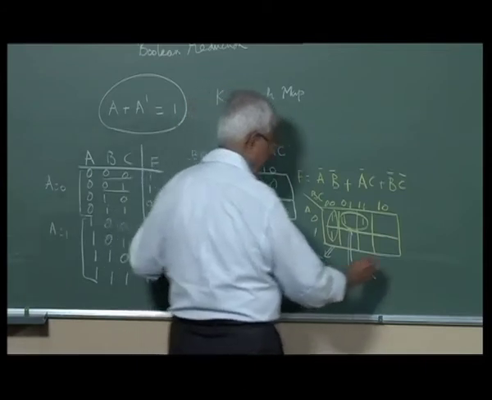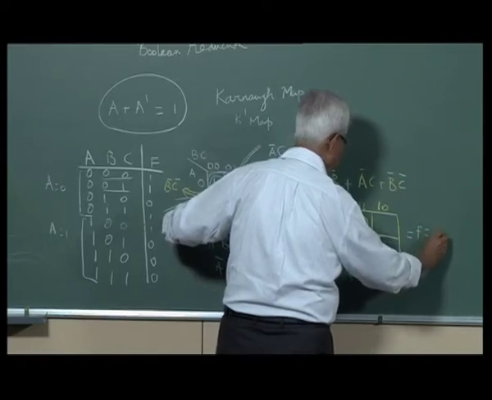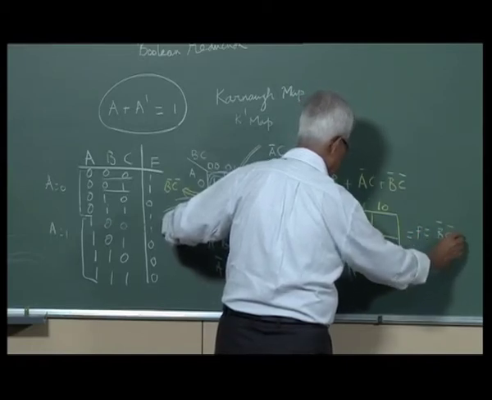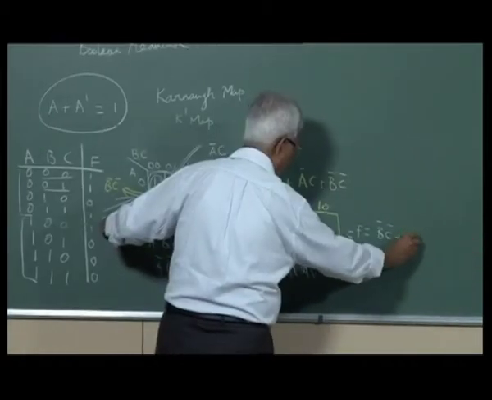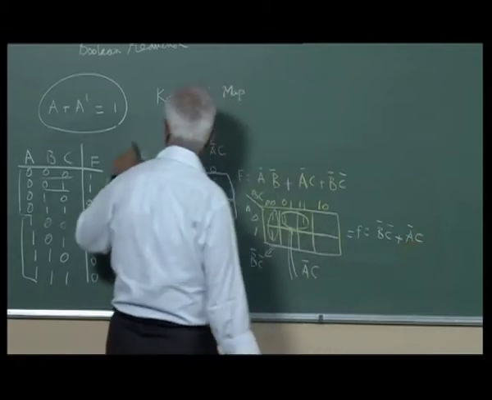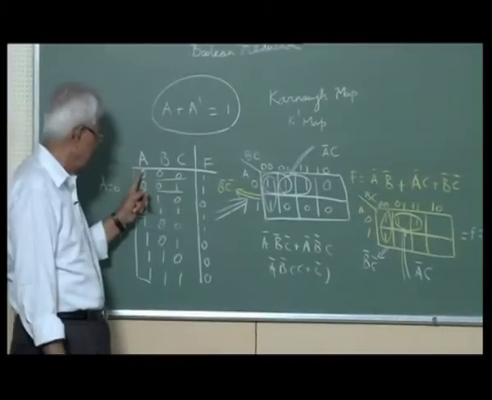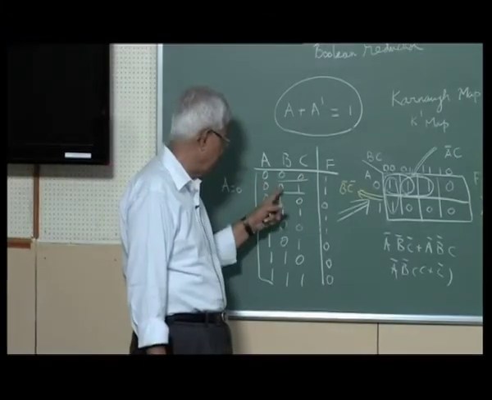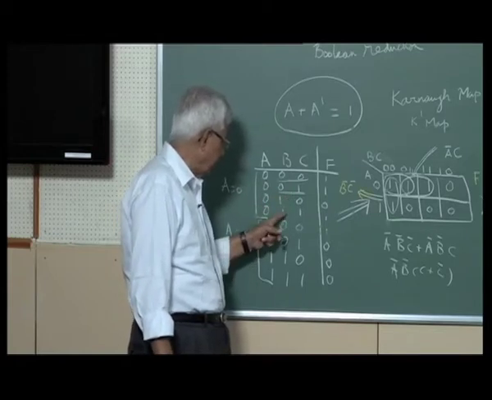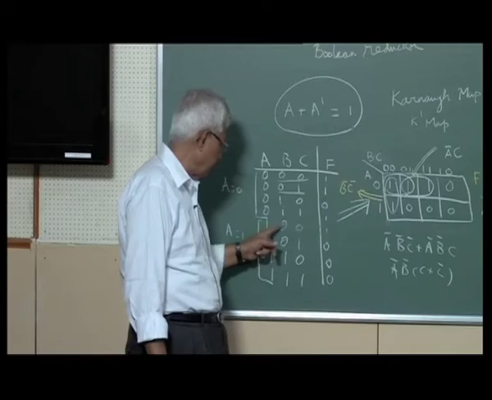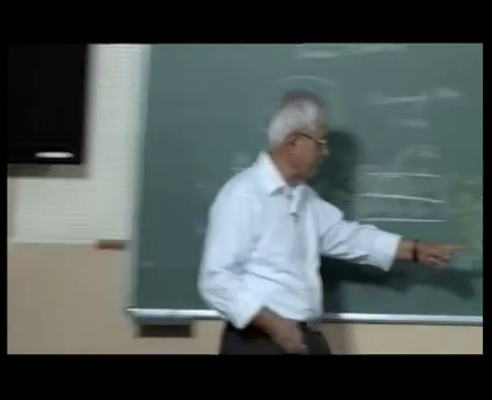So that means my F is B bar C bar or A bar C. If you draw this, all the four terms of this, A bar B bar C bar, A bar B C bar, A bar B bar C, A bar B C, A B bar C bar, if you write all of them and simplify using Boolean algebra, you will get the same result.